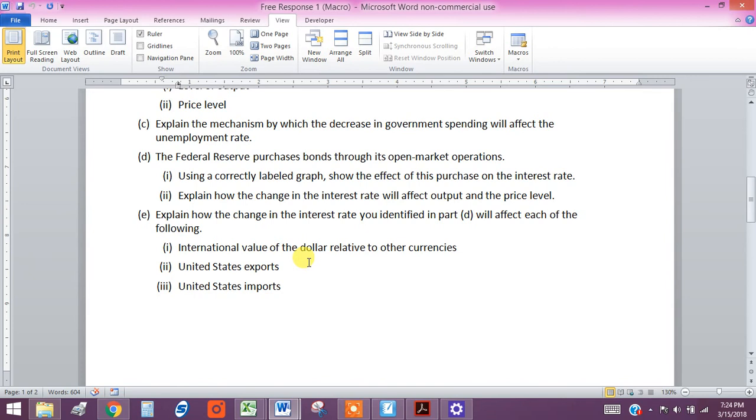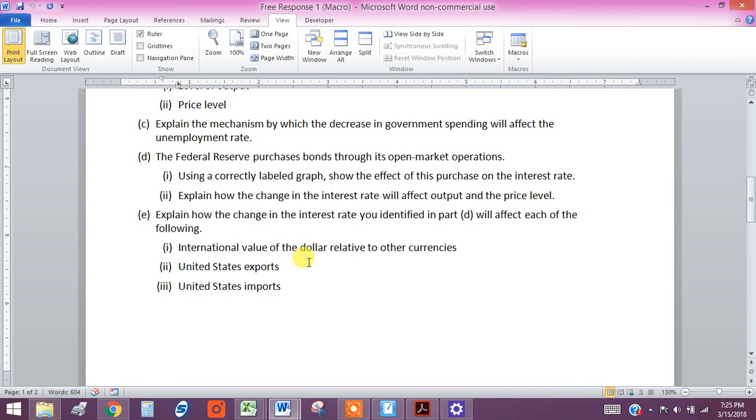So that's going to mean there's going to be less of a capital inflow and more of a capital outflow. So when our dollars are going to be less in demand, that's going to mean that the value of the dollar is going to decrease, or our currency is going to depreciate, which is going to mean our exports are going to rise and our imports are going to fall.